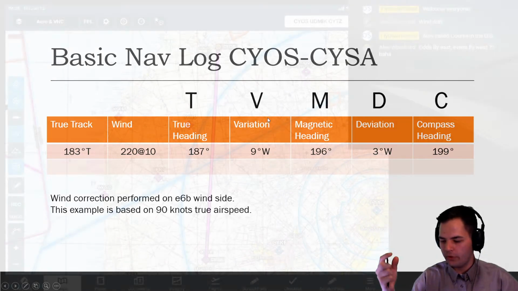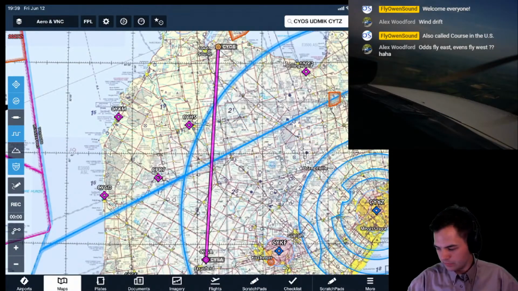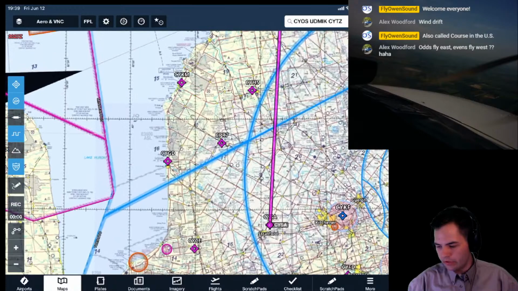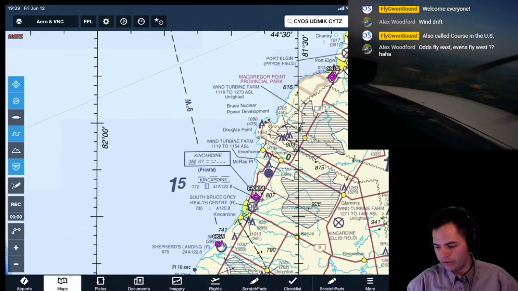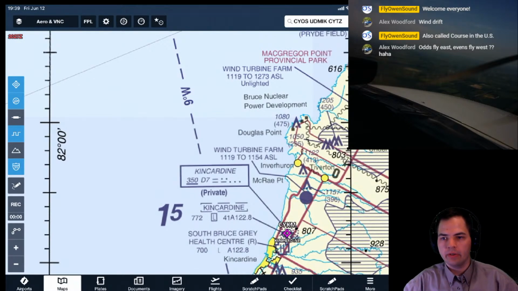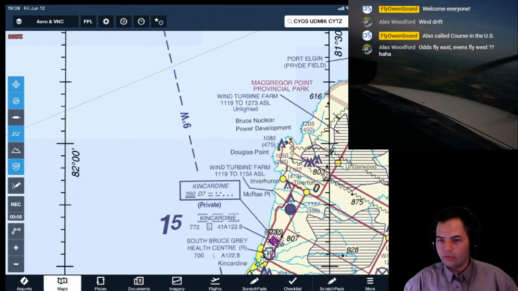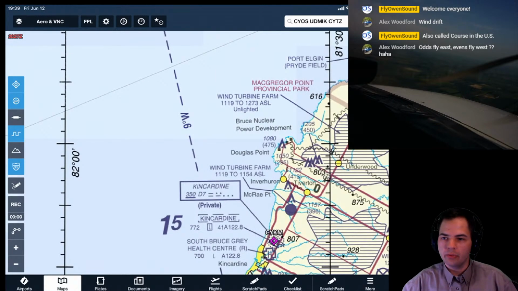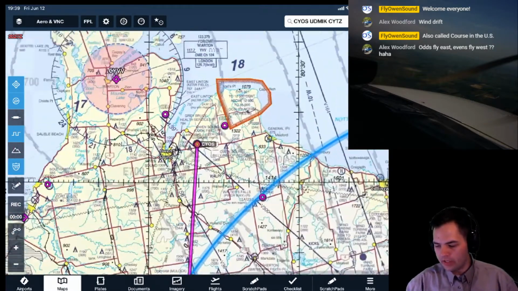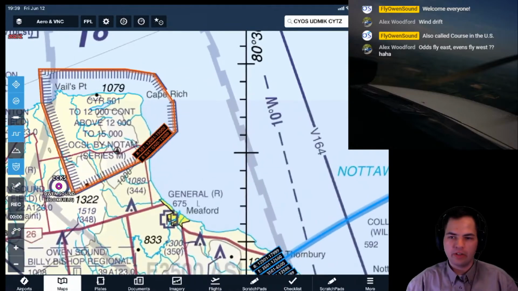So in this case, if we go back to the map, it can be hard to find these variation lines, but here's one in the Kincardine area where it's saying 9 degrees west. That 9 degrees west variation, you will add: west is best, east is least, so add west variation. You could also say it's 10 degrees. We're pretty close to this 10 degree line as well.